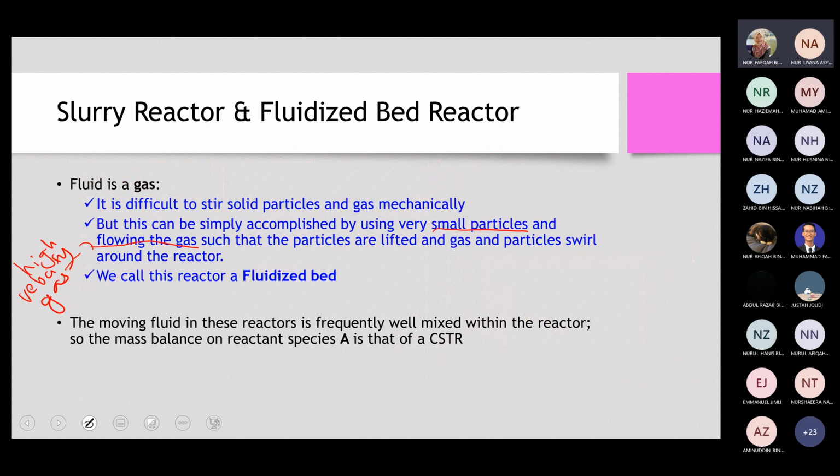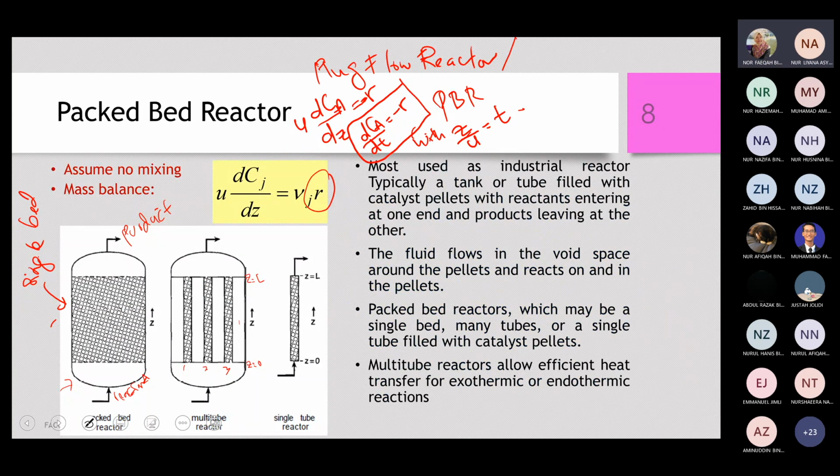So the one earlier, this one, it can be modelled as a PFR. That's why the rate of reaction negative r is equal to negative dCA over dt. On this one I missed the negative sign. Negative.